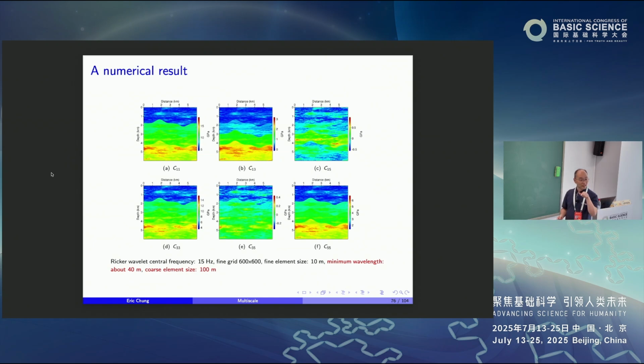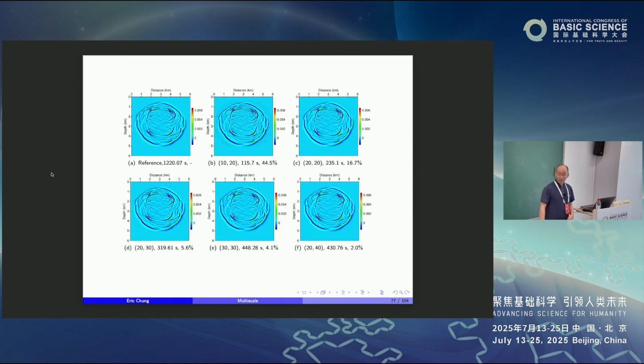So recall that we have this C in the equation, and the C is defined by these 6 figures, and it consists of different features. Then we look at the computed solution. On the left-hand side, A is the reference. It can be considered as a high resolution solution.